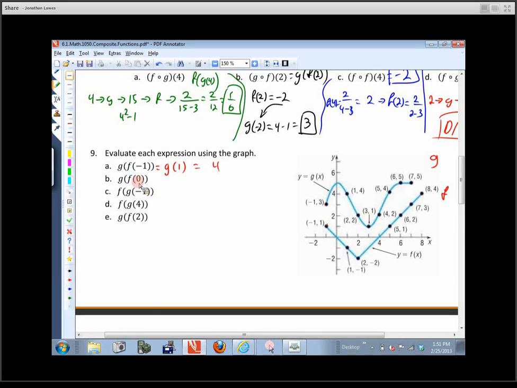Okay, let's do this one. I start with 0. 0's right here. I plug that into f. So do I want this one up here at 5 or do I want the 0? I want the 0. Okay? So this becomes g of 0. And what is g of 0? g of 0 is 5.